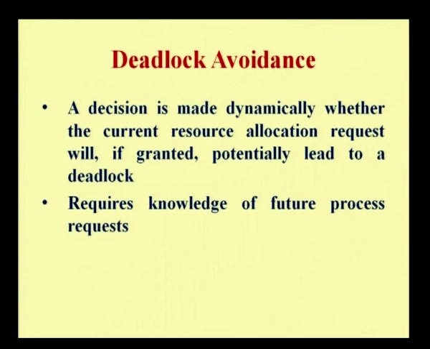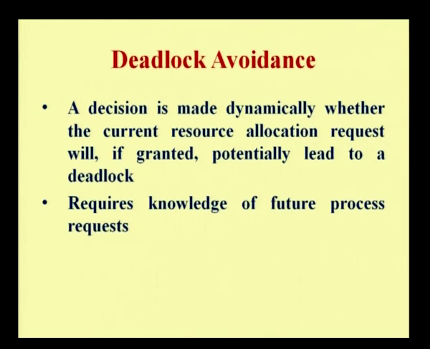So that is the concept of deadlock avoidance. If you know beforehand what sort of resources will be required and how many processes require them, you will know how to avoid a deadlock situation.